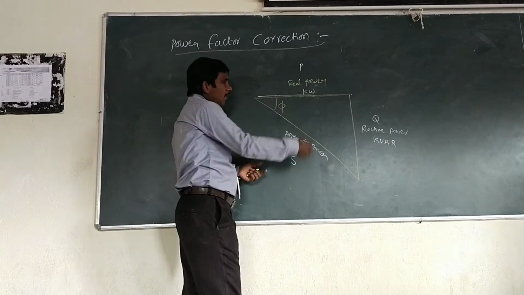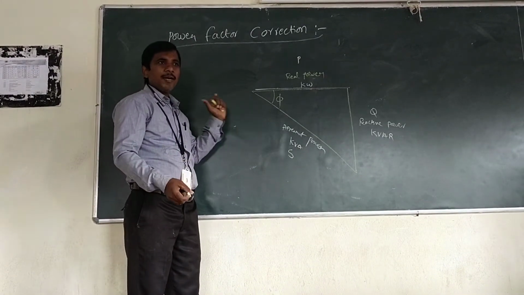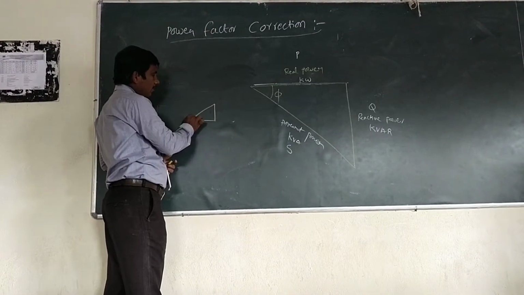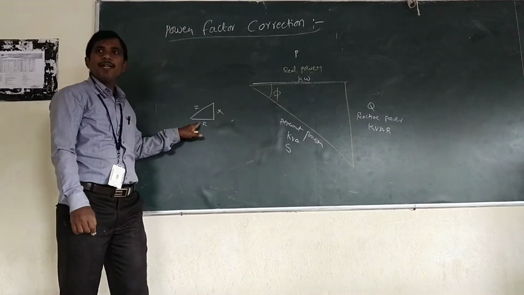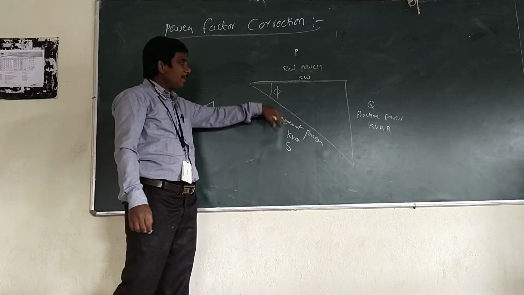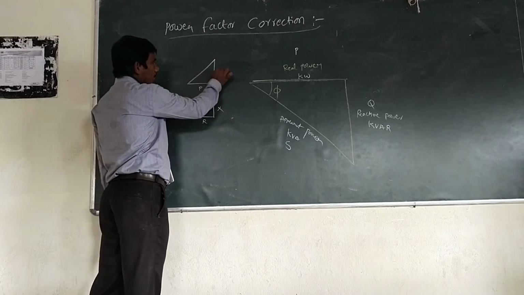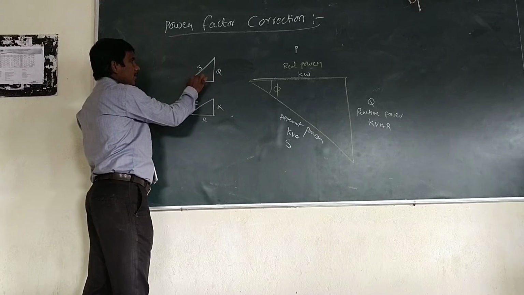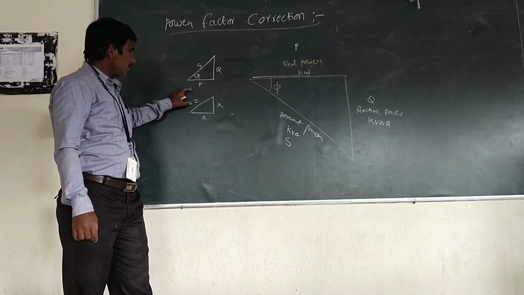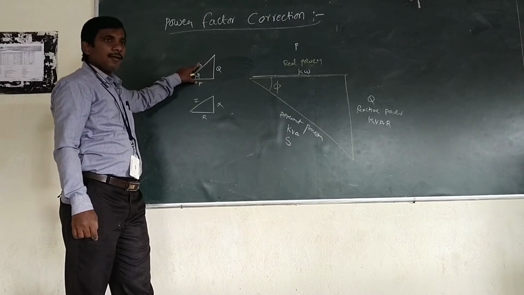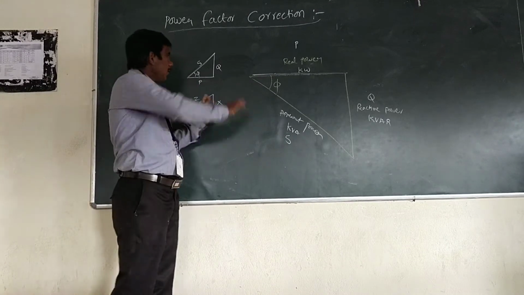From the power triangle, we can also obtain the impedance triangle, with Z, R, and X. This is P, this is Q, this is S, and this is the angle phi. The same is represented here in inverted manner.